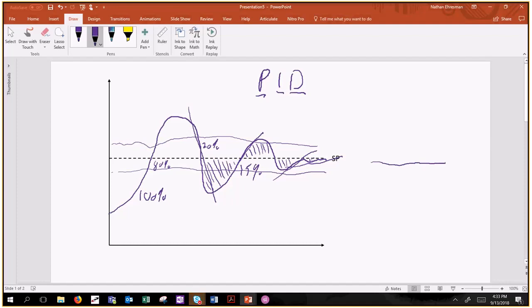As the P starts to dial things in, and as the I looks at the area under the curve and makes it as small as possible, then the D kicks in and takes that slope of line, or rate of change, and gets it really close to horizontal. That's how you have true and complete PID control from a very basic standpoint.